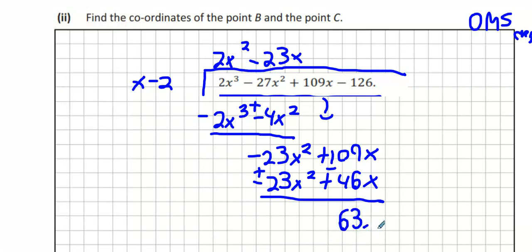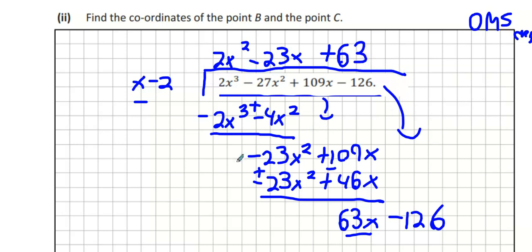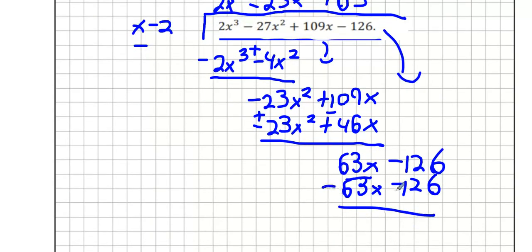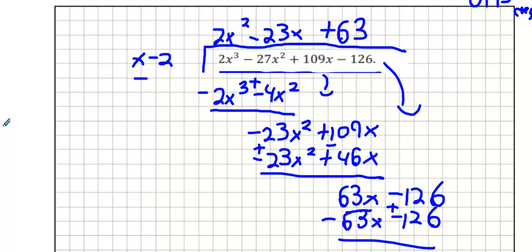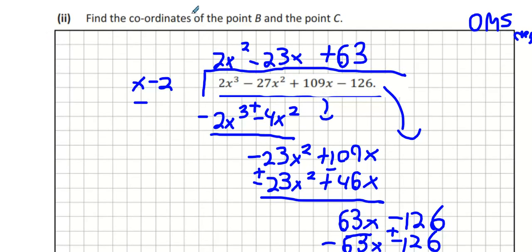So it's going to be 63x and minus 126. Now, when we do this, it goes in 63 times because 63x divided by x is 63. So we multiply this out and we get 63x minus 126, and then we subtract and we get 0.